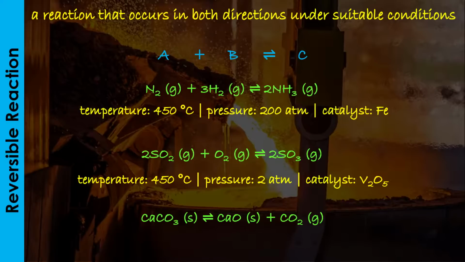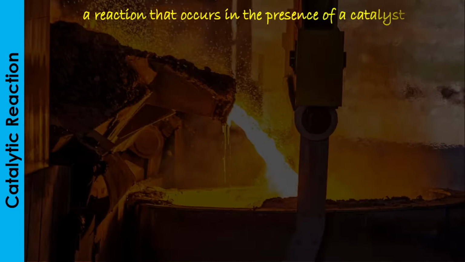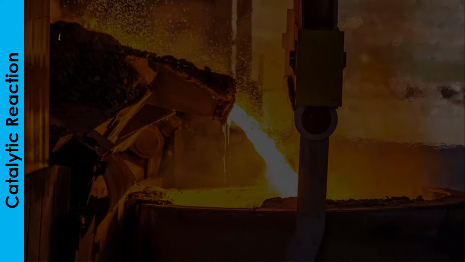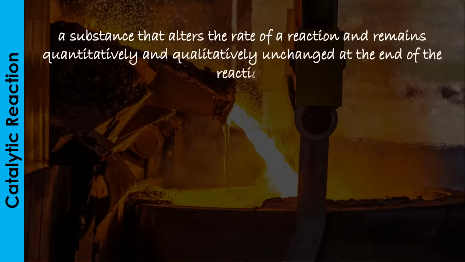Lastly, we will be considering the catalytic reaction. From the name, we can say that a catalytic reaction is one that occurs in the presence of a catalyst. A catalyst is any substance that alters the rate of a reaction and remains qualitatively and quantitatively unchanged at the end of the reaction. In other words, a catalyst does not partake in a chemical reaction.